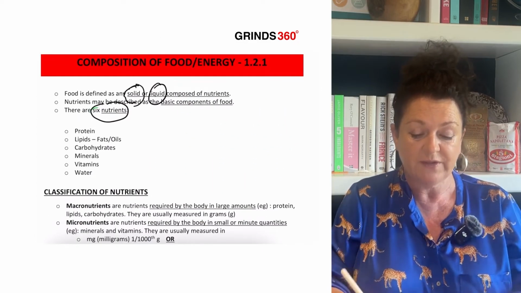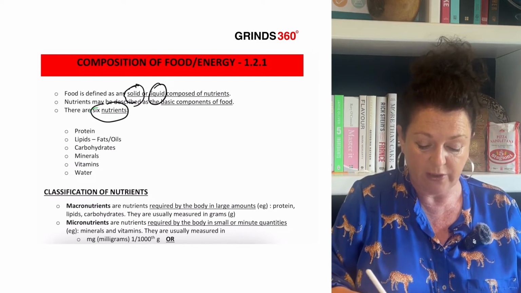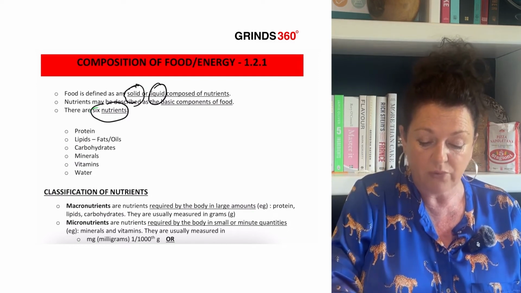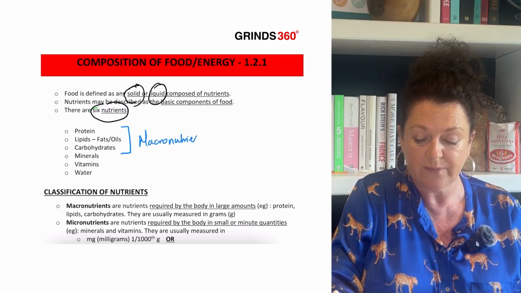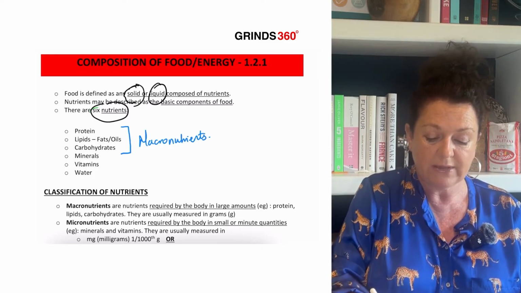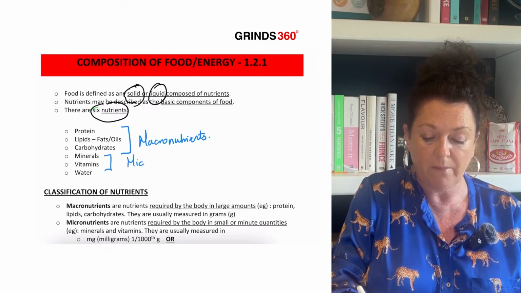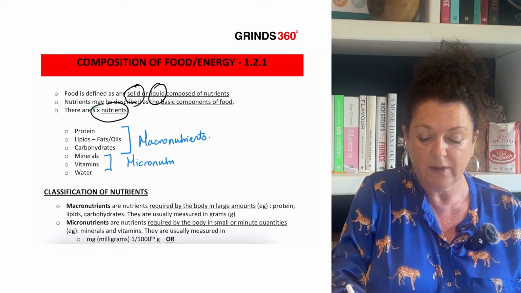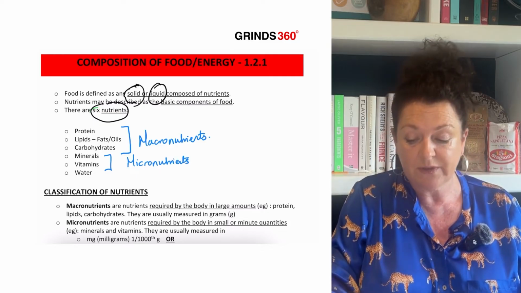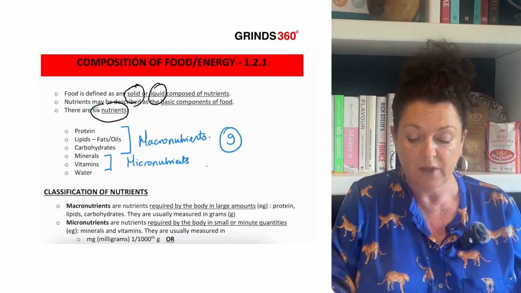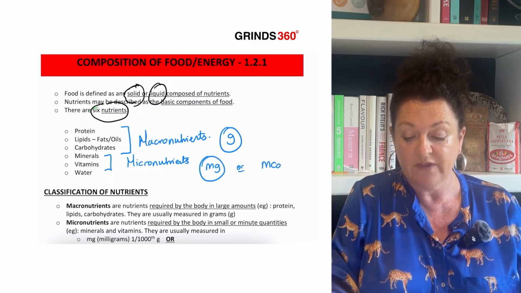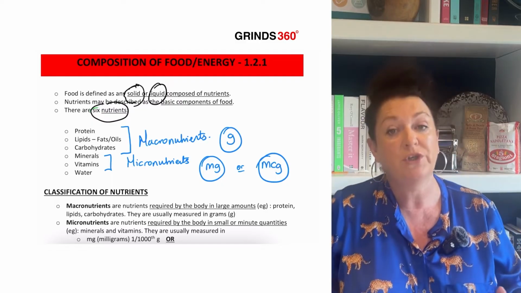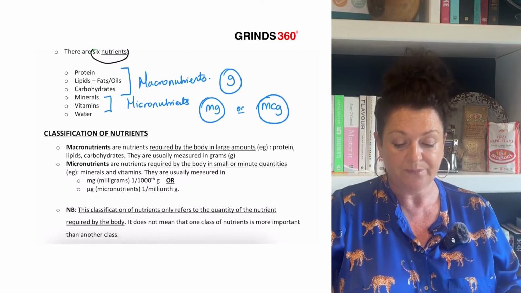Now, so we have our 6 nutrients. So we're going to show here how our protein, our lipids and our carbohydrates are the macronutrients. Our minerals and our vitamins are going to be our micronutrients. And go back to our measurement. We have grams, we can have milligrams, or we can have these very, very minute quantities, which happen to be micrograms.